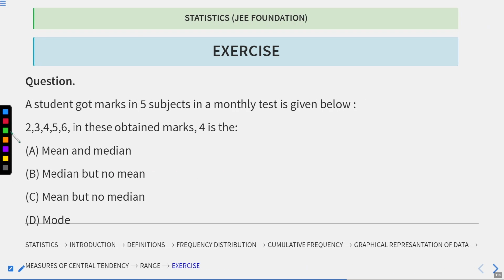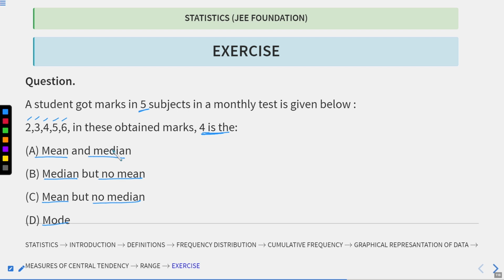In this question, a student got marks in 5 subjects. The marks are as follows: 2, 3, 4, 5, 6. Now the options are: is 4 my mean and median, is 4 my median but not mean, is 4 mean but not median, and is 4 my mode only.